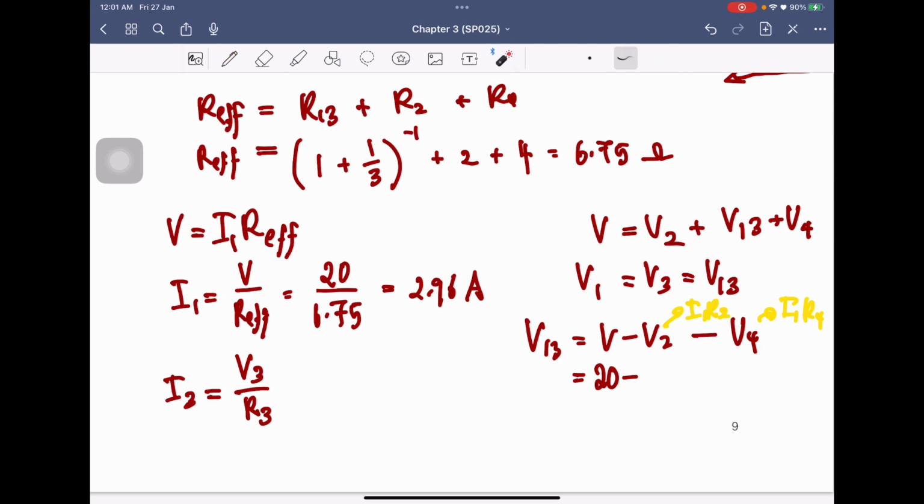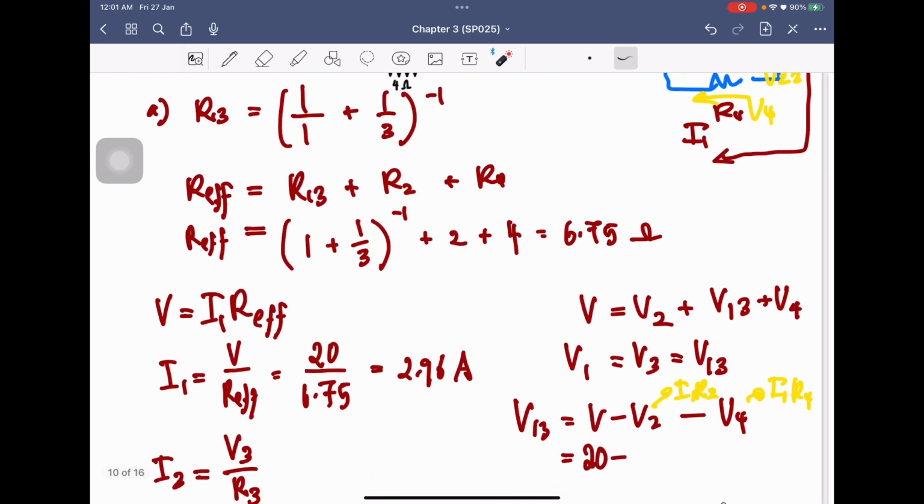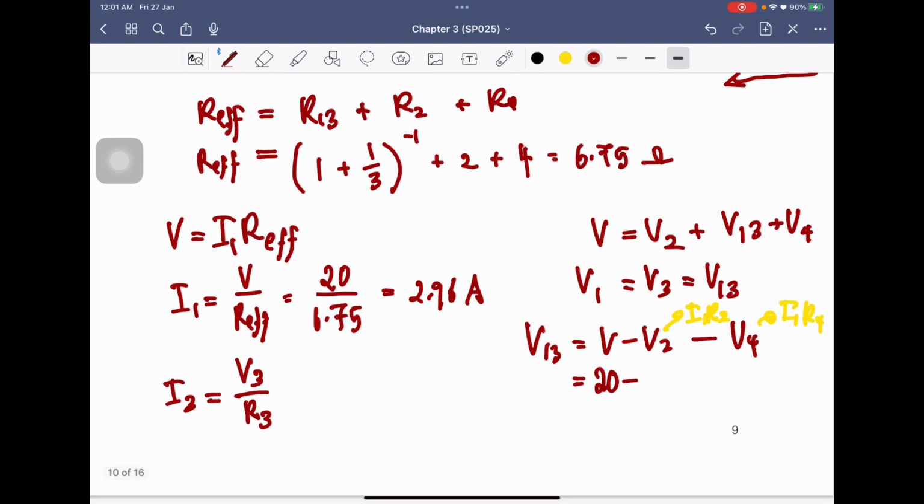Why do we use I1? Because now here, what flows here? The current that is flowing here is I1. So we use I1. I1 across R2, I1 across R4. Okay? So here we will put 2.96 times 2 ohm minus 2.96 times 4 ohm.